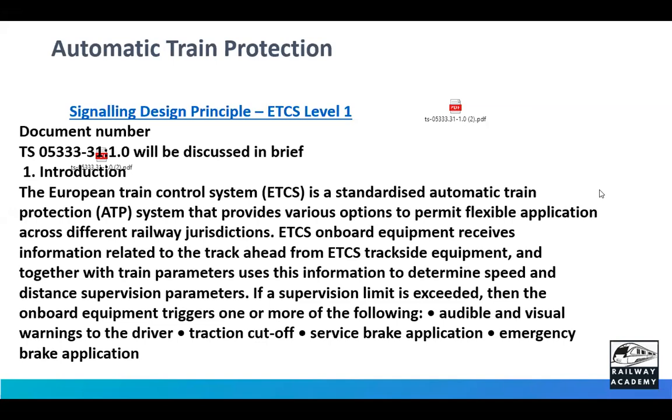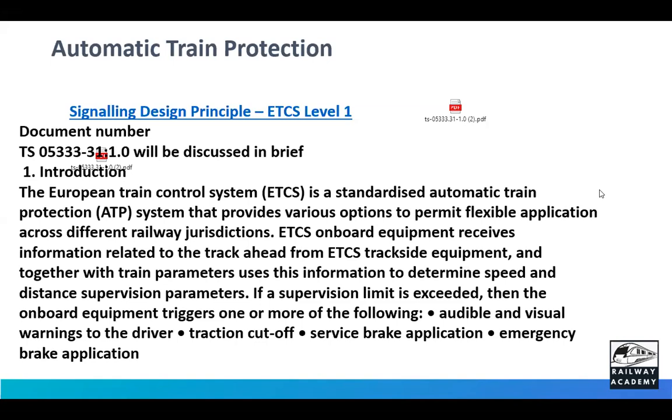That will convey the information to the onboard equipment through the antennas available on the engine, and it will be fed to the European vital computer, and the computer processes the data, the messages or telegrams received. If required, it will trigger emergency brake application or service brake application, depending upon whether the signal is red or where speed restrictions are there. Like that, the ETCS working is there.